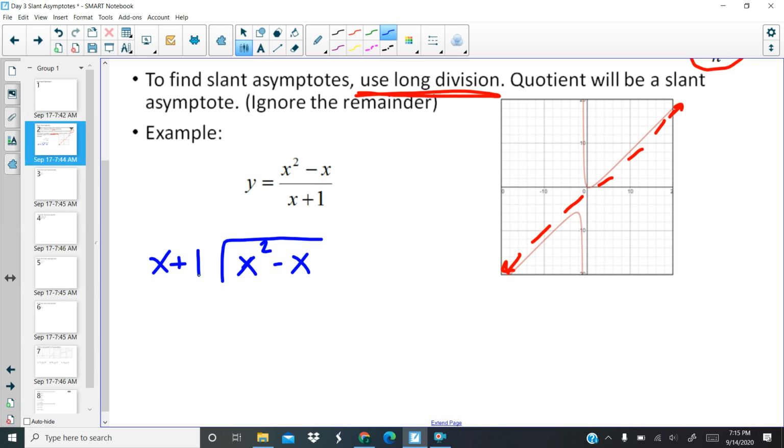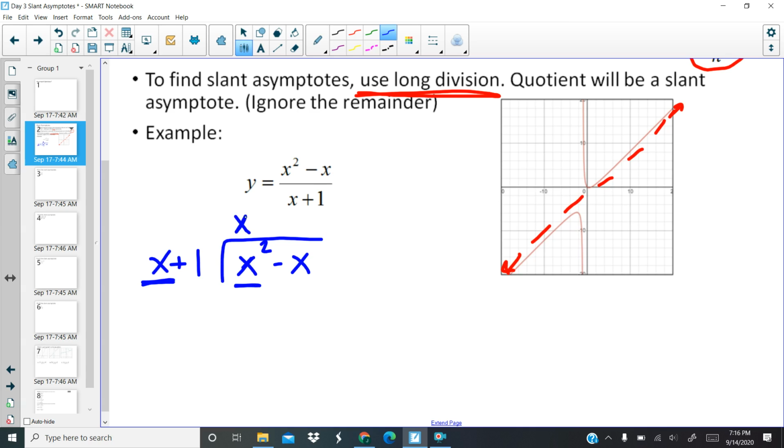So that first step in long division is you have to look at how many times your first term that you're dividing by goes into the first term on the inside. So how many times does x go into x squared? And another way of wording that is, what do you have to multiply x by to get x squared? And the answer to that is going to be just x.